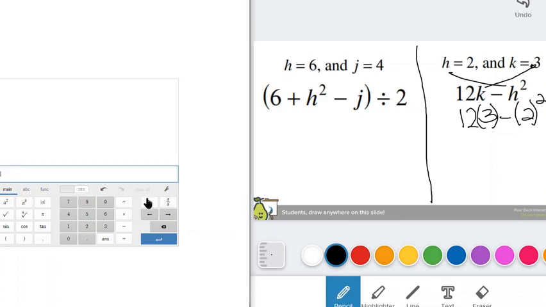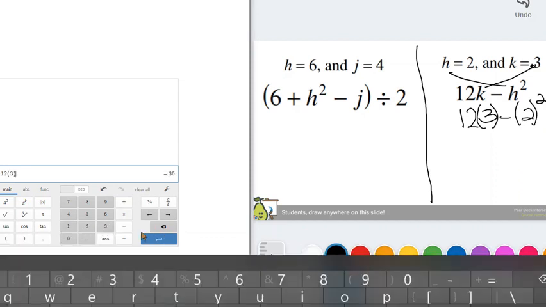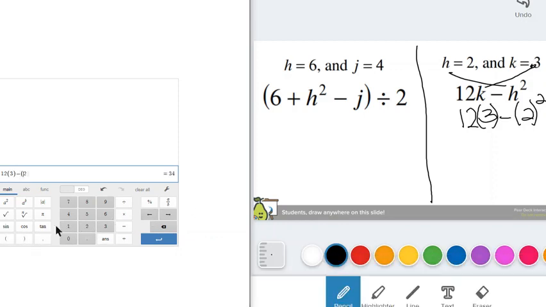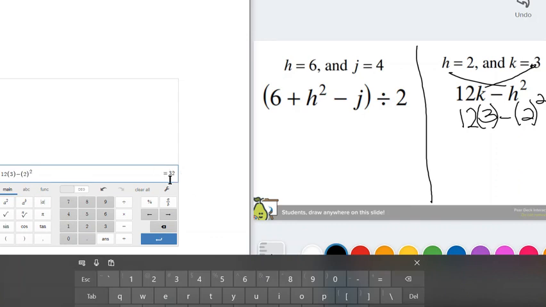I'm going to clear everything. 12 parentheses 3 parentheses minus 2, oops, squared with this one, and here is your result.